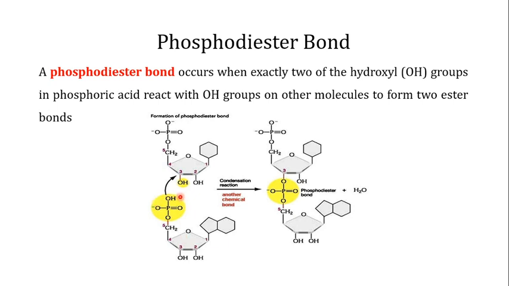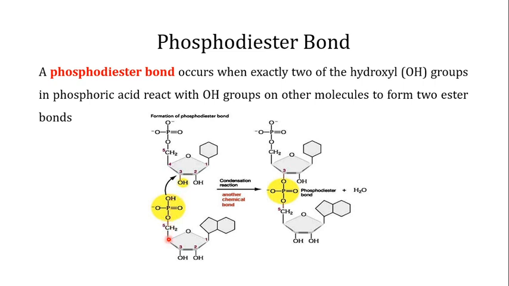If you talk about this phosphate group over here from the phosphoric acid, it has a hydroxyl group over here, and it also has a hydroxyl group over here, and this hydroxyl group is going to interact with this particular hydroxyl group which is present in the sugar of this nucleotide. On the other hand, this sugar contains a hydroxyl group at position number 5, and this hydroxyl group is interacting with this particular oxygen to make an ester bond.